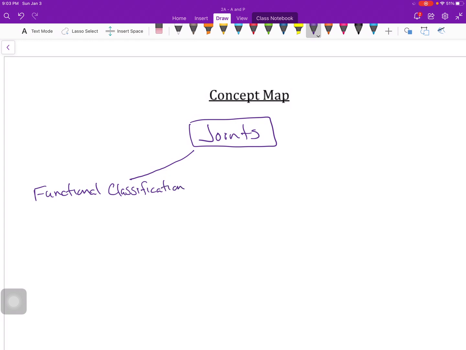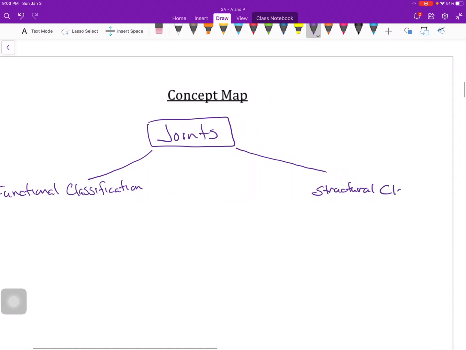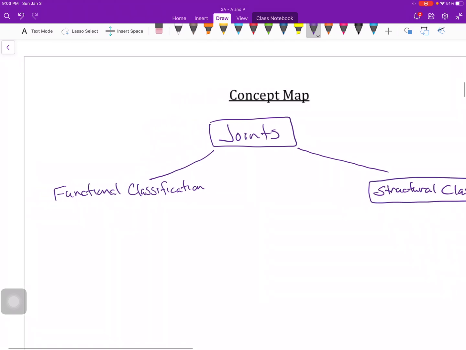And over here, I'm going to do structural classification. Now, this is just another way, guys, for you to organize this material. Some of you are more visually oriented and like things like this.